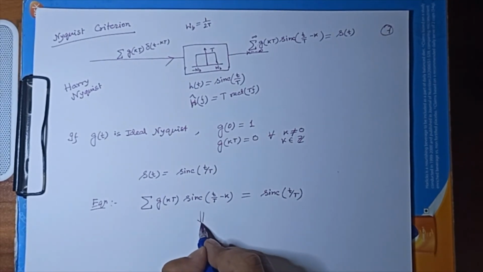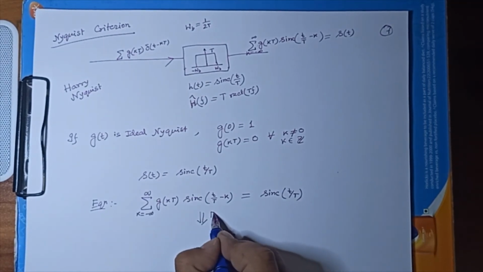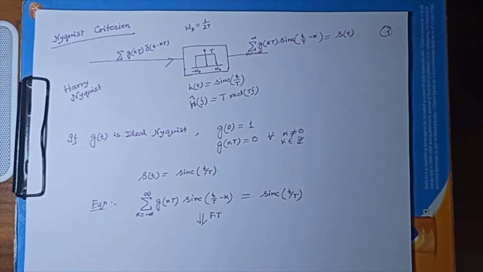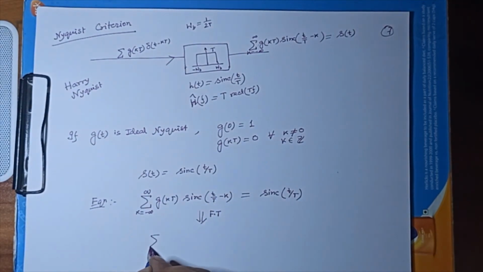Now you apply the Fourier transform on this. What do you get? This is essentially the aliasing theorem.